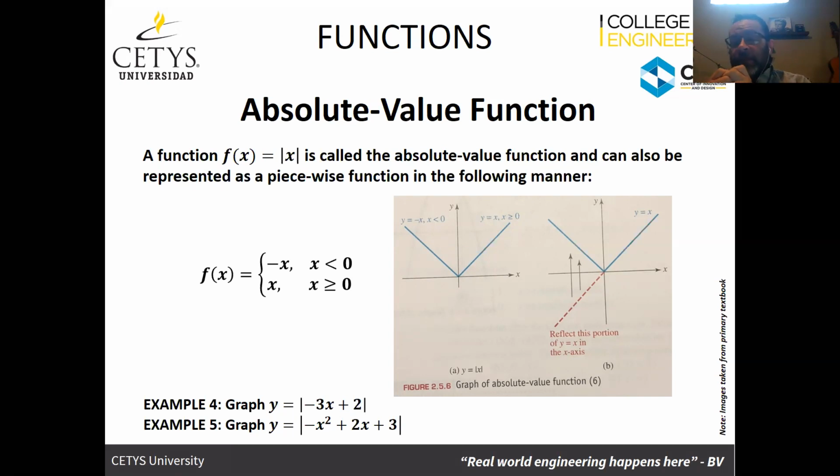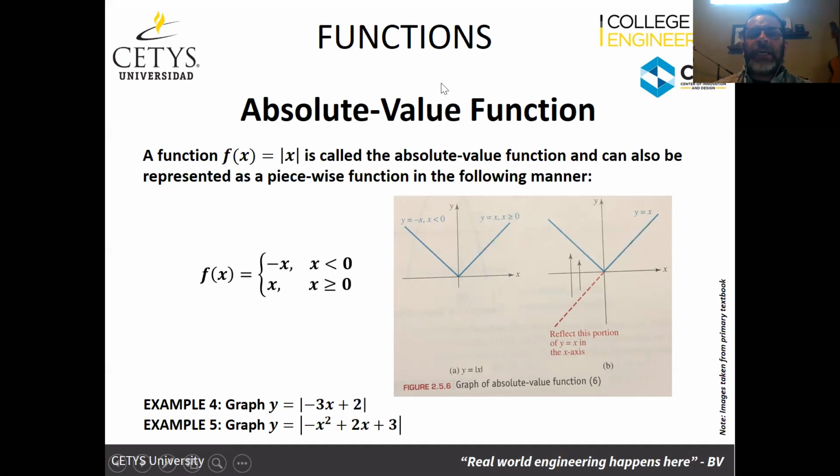Another way of saying this is that if I have the absolute value of something, I'm only going to have the positive part of that. So if I have a function, and this is an example, f of x is the absolute value of x, how would that function be represented? Well, it's going to be minus x for all of the x's that are less than 0, and x for all of the x's that are larger than or equal to 0.